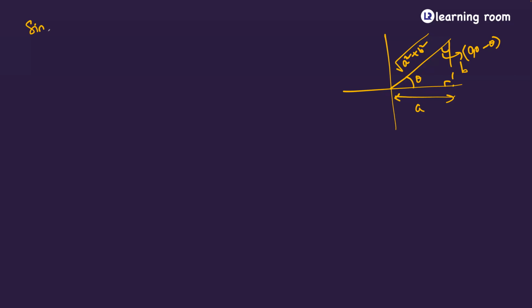So if I write sine theta from this, I got B by root of A square plus B square. Whereas if I write cos of 90 minus theta, what will I get?